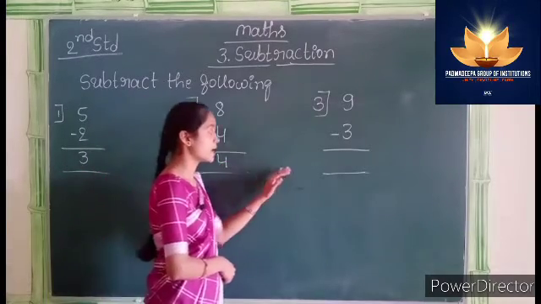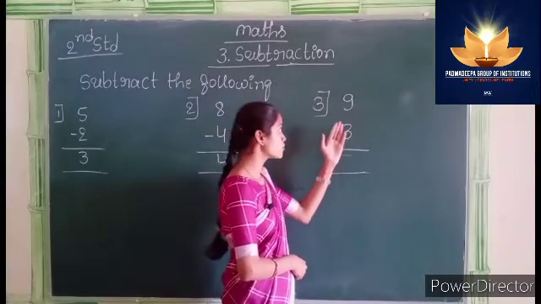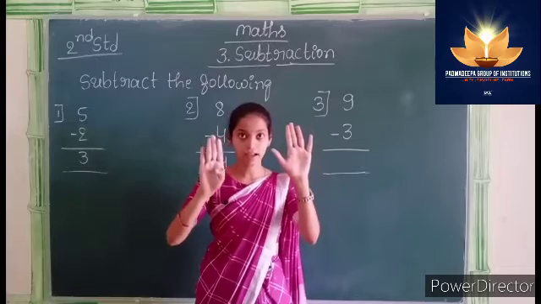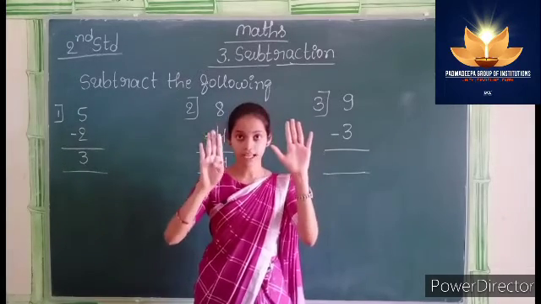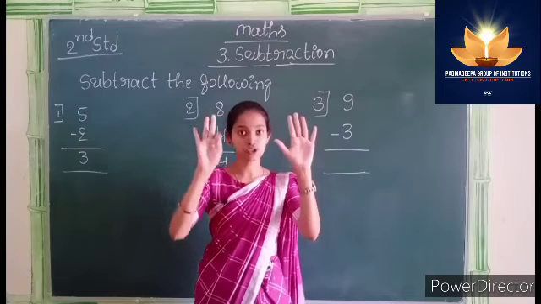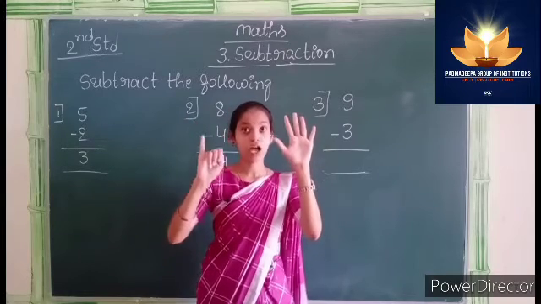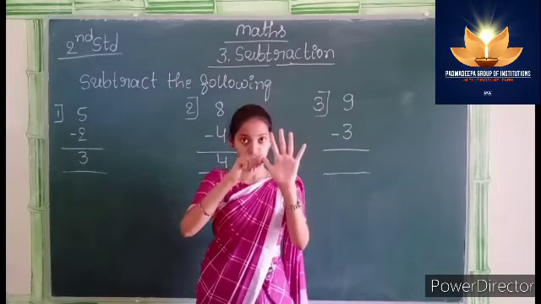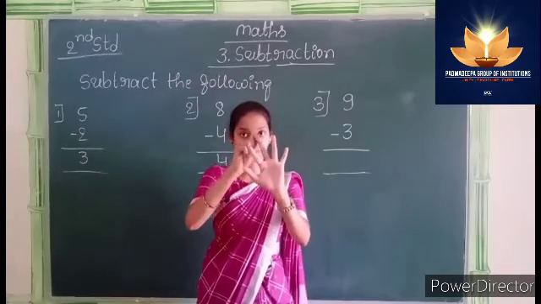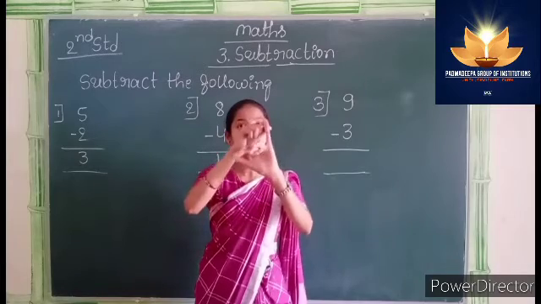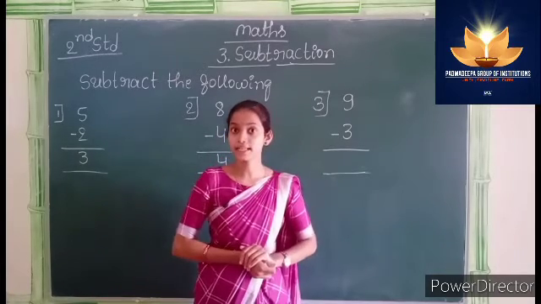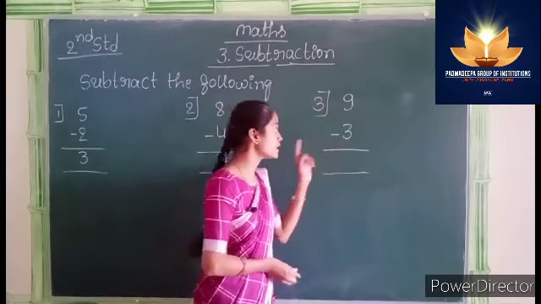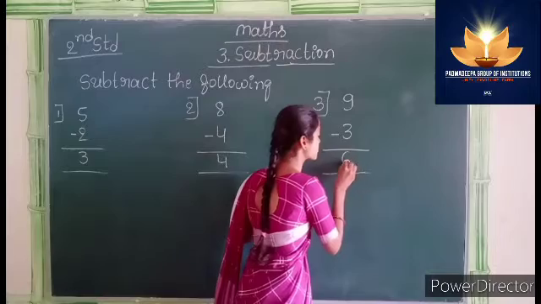And here we have to subtract 3 from this 9. This is 9. We have to remove 3. 1, 2, 3. How many fingers are left? 1, 2, 3, 4, 5, 6. We get 6. So 9 minus 3 is 6.